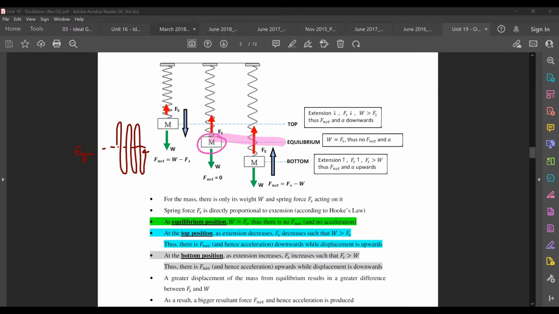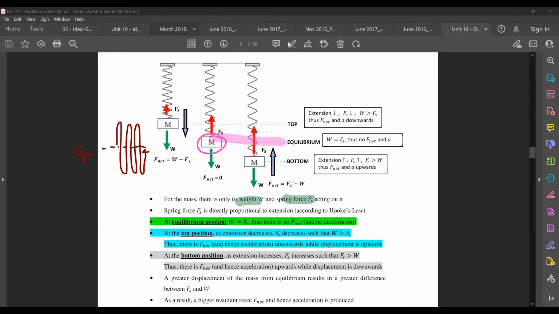When the object is at equilibrium, there are really only two forces acting on the mass: the weight W of the mass as well as the spring force acting on it. Because your mass is attached to a spring, the mass pulling down onto the spring will pull back up onto the mass, right?